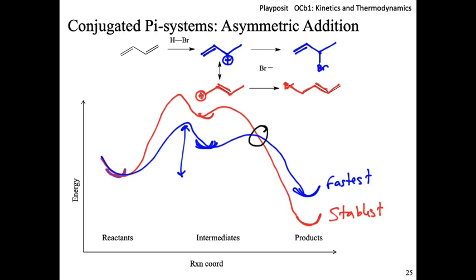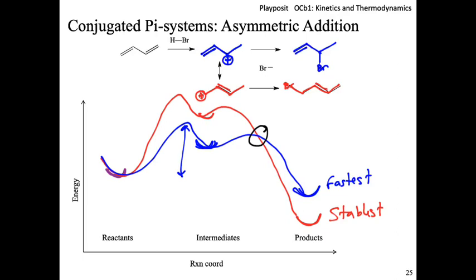If I form the blue product and I'm at high energies, do I have enough energy to reverse the reaction? Yes. The instant it reverses, we now have this complex equilibrium. That reversible reaction is going to come up with a balance. The red one's going to come up with a balance too, except you can't reverse it. So given enough time and energy, all of our product becomes the red one.